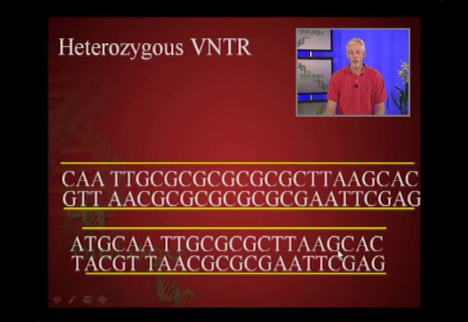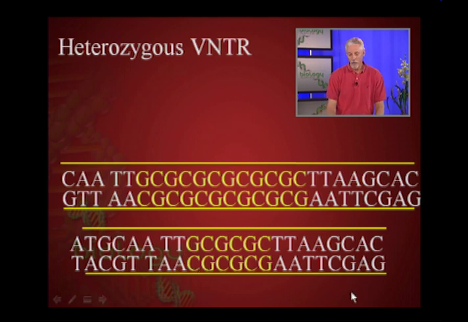Now, if we compare this to an individual that's heterozygous for the particular VNTR, again, if we target where the variable number repeats are, this individual inherited a chromosome from mom where there are 6 repeats, and from dad 3 repeats.